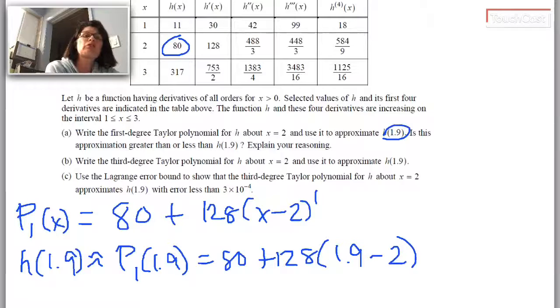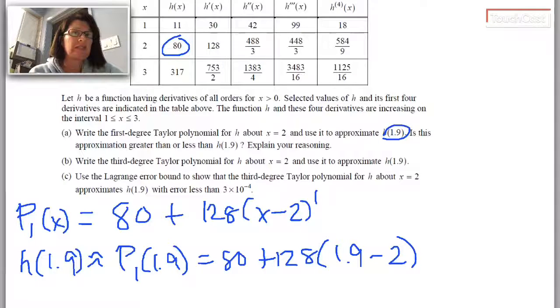Is this approximation greater than or less than h of 1.9? So this is a tangent line approximation. Whether it is an overestimate or an underestimate has to do with whether h itself is concave up. I know that the function h and its first 4 derivatives are increasing.